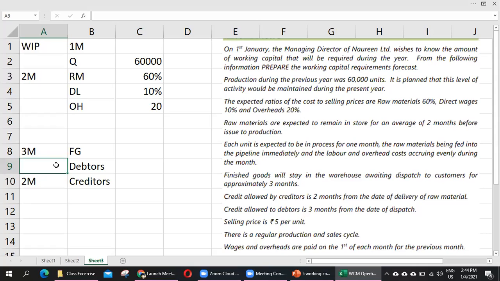So we are also giving 3 months, and the selling price is 5 rupees.